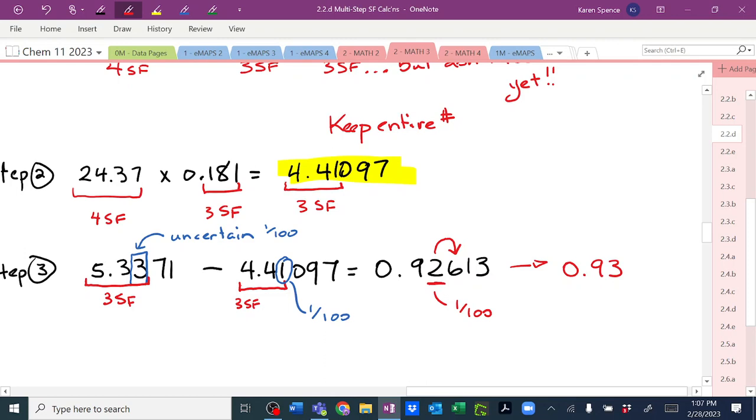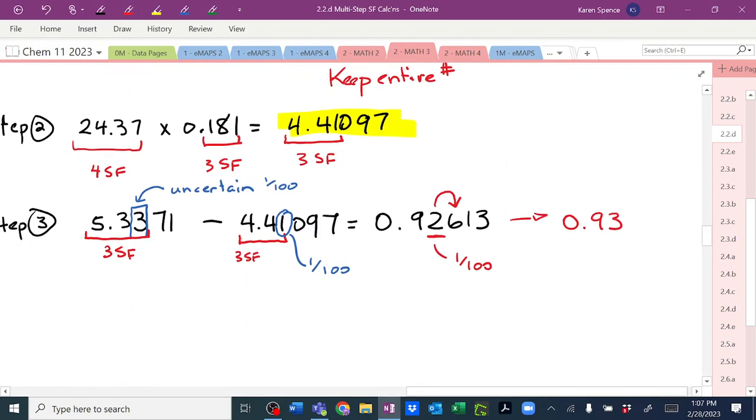If you round off early, it can lead to an error. I don't know if it does in this case. Let's just try doing the rounding and see if it does. If I had rounded off early, let's say I rounded to 5.34 minus 4.41, I still get 0.93.